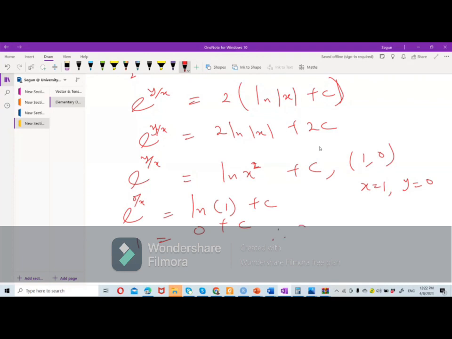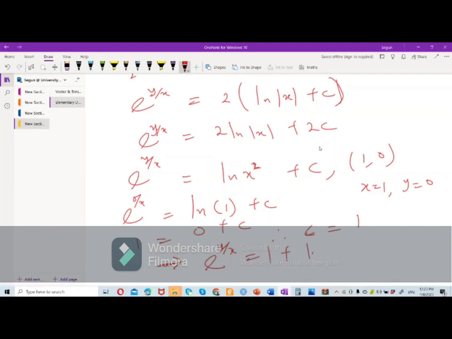Therefore, our c is equal to 1, which implies that exponential y over x equals 1 plus ln x squared. So it's the same.